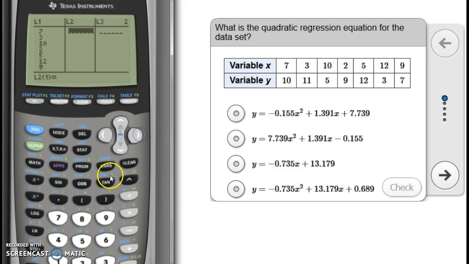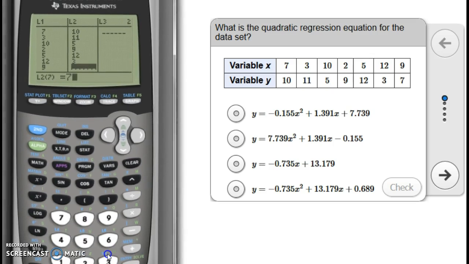And then over to List 2, we'll put in those values as well. We always want to make sure that our values are matching up and that we have the correct numbers in.